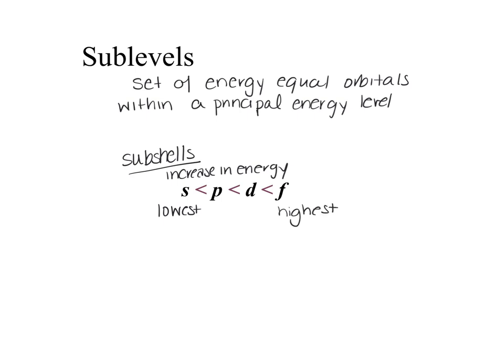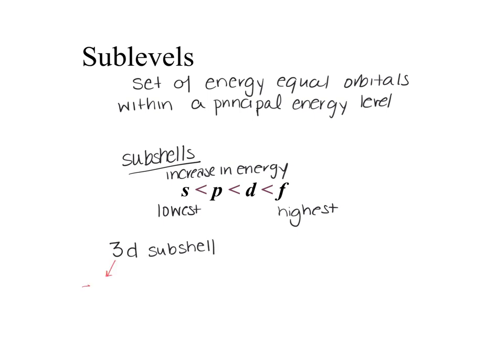We specify both the principal energy level and the subshell when we describe the location of an electron. So, for example, we would say there's an electron in the 3D subshell. That tells us that the energy level is 3, right?